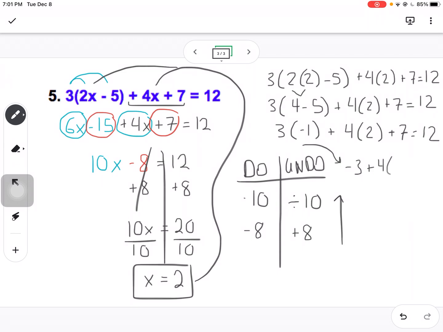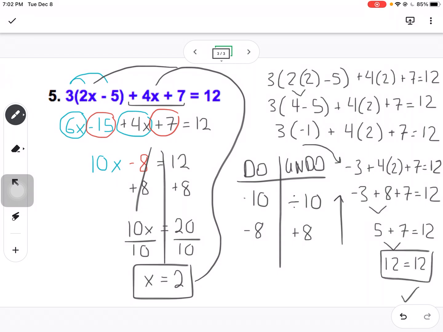Plus 4 times 2 plus 7. 4 times 2 is 8. -3 plus 8 is 5. 5 plus 7 equals 12. 12 equals 12. That works out.